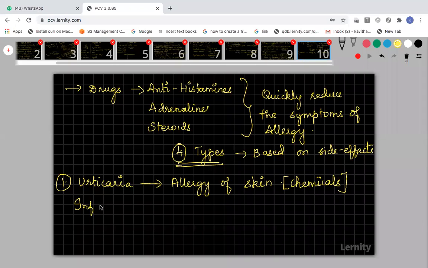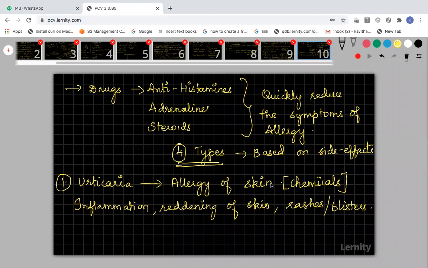There will be inflammation, then reddening of skin. Skin will become reddish. Some rashes or blisters may develop over the entire skin. These are the things that will appear in urticaria, which is called allergy of skin.